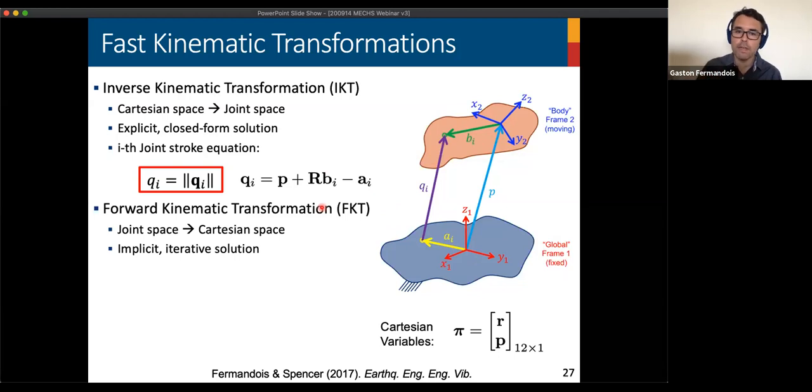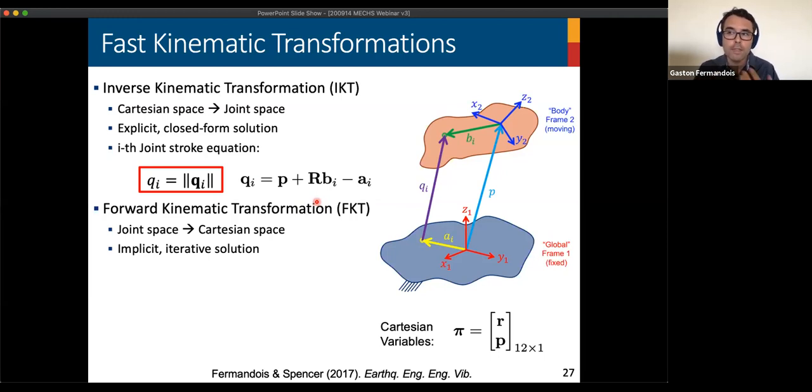But the forward kinematic transformation to go back from joint space to Cartesian space is exactly the same nonlinear expression. So in order to solve for P and the components R inside the rotation matrix, you need to solve a nonlinear equation, which is an implicit problem, and the only way to get an accurate result is through an iterative solution, for instance, using a Newton approach or something like that.